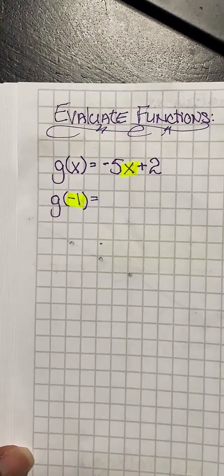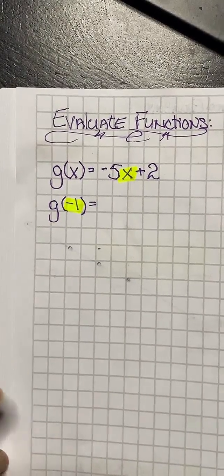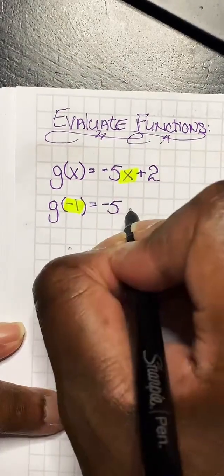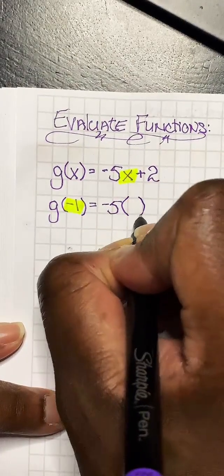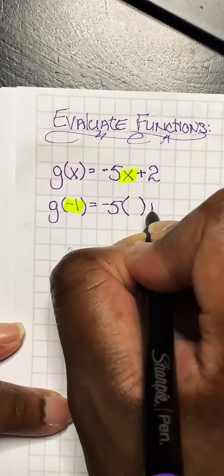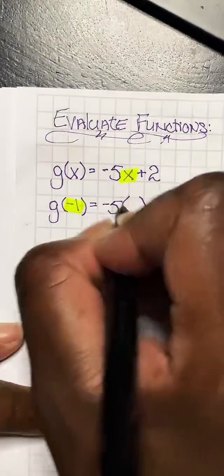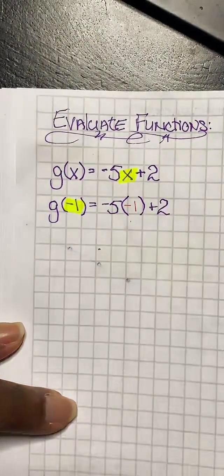That's all they're doing. So now you have your -5, and when you see -5x, that means -5 times x. So what's going in for the x is our -1.